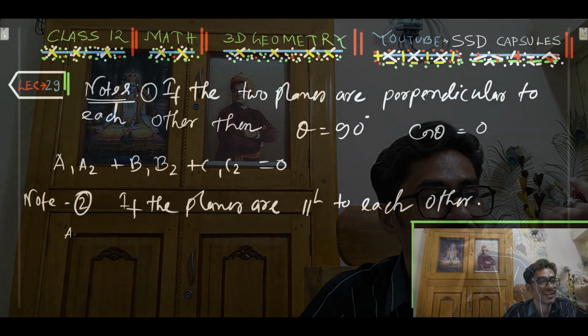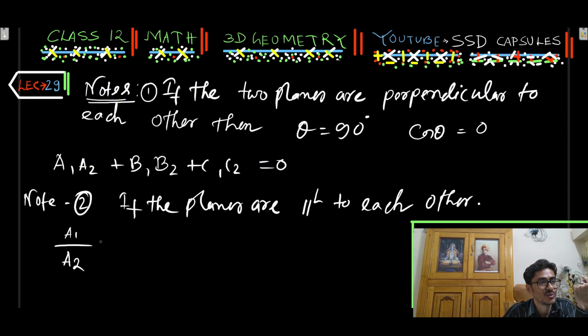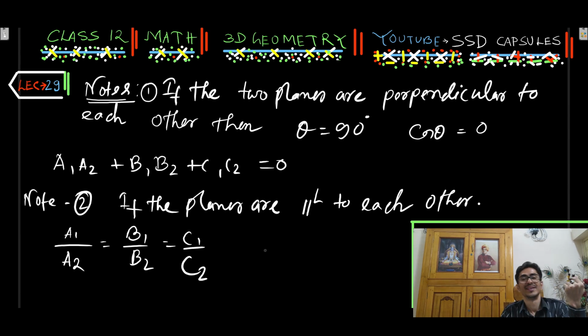As the normals are parallel to each other, the angle between them theta is 0, so sin 0 is 0, and from that relation we can easily understand that a1 by a2 equal to b1 by b2 equal to c1 by c2. So this is note 2. These particular notes will be very useful if you are asked in the exams to check whether two planes are parallel or perpendicular to each other.